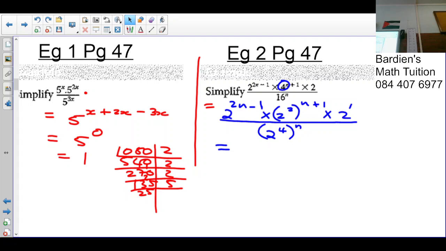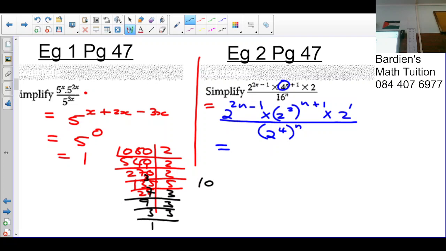Oh, I wrote here, oh, the 3, not the 2. So it's 27. So 3, 9, 3, 3, 3, 1. So 1080 can be written as 2 cubed times 3 cubed times 5.